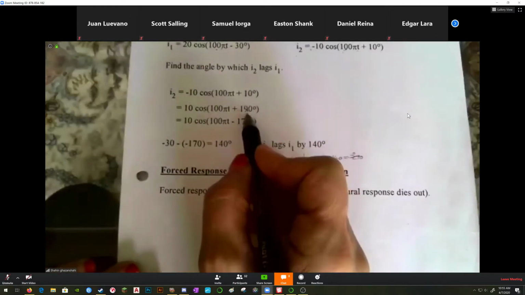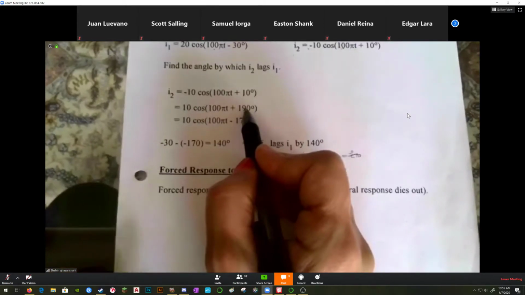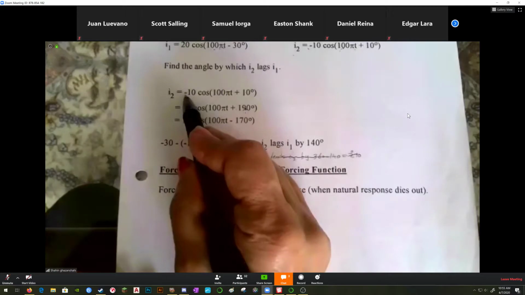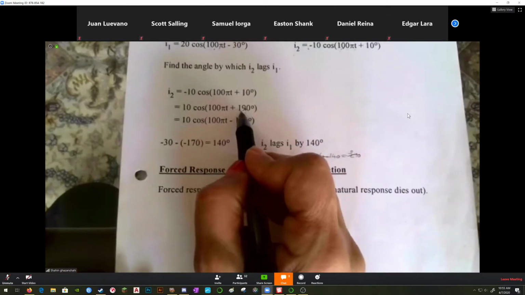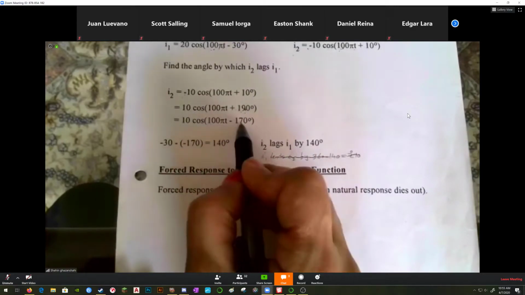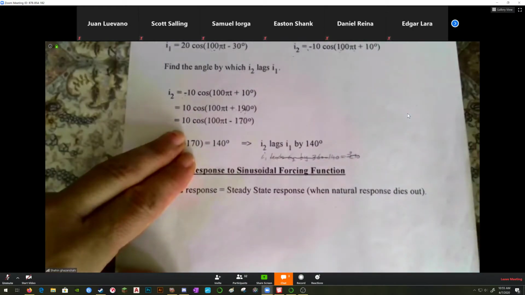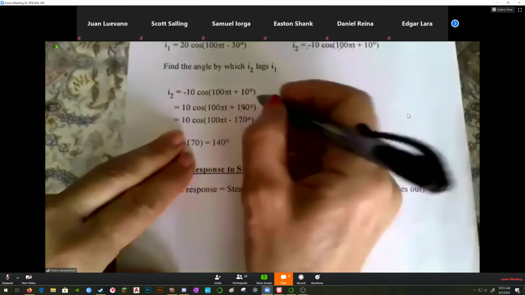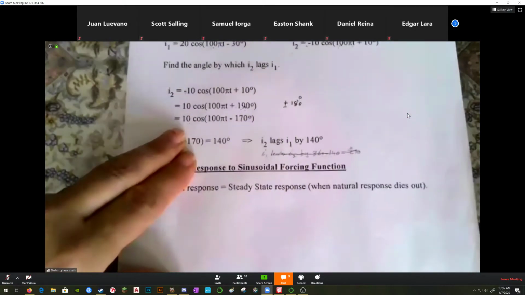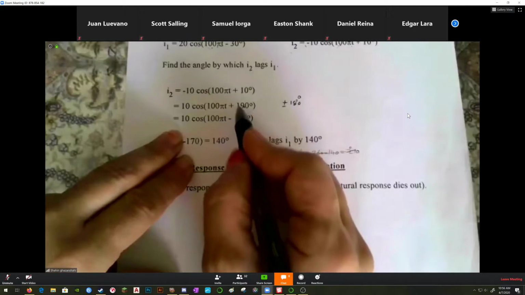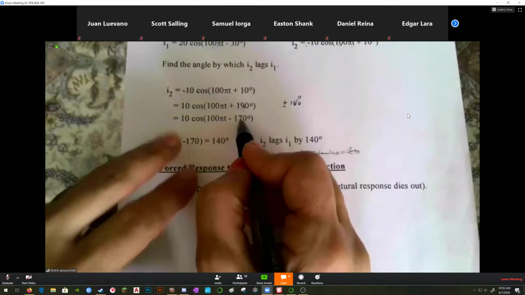I have to go through these things very fast, but you can review them if you forgot. So it is negative, you want to change it to positive, you add 180 degrees. So now my I2 is this one. You either add 180 or subtract 180, so plus or minus 180. Both of them are correct. You can use either this or this. Correct now?